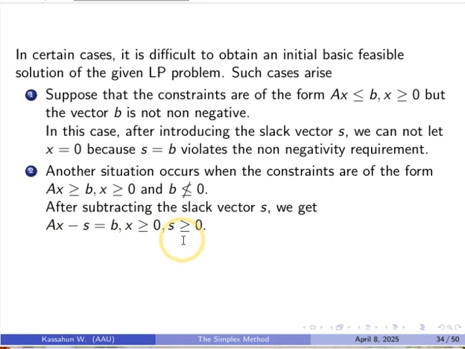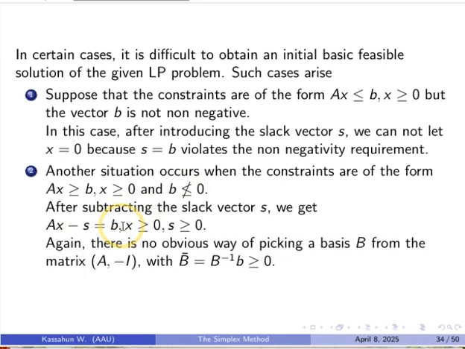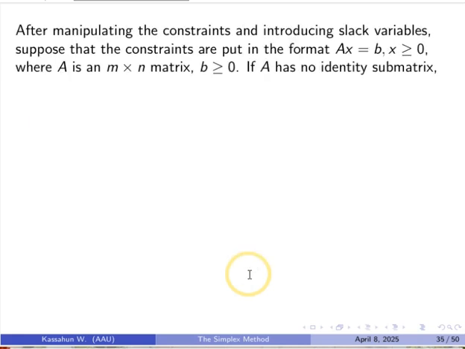But since b is positive, s becomes negative again, and non-negativity is violated. So there is no obvious way of picking a basis from this matrix. So what do we do then?